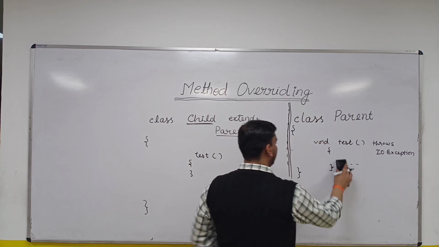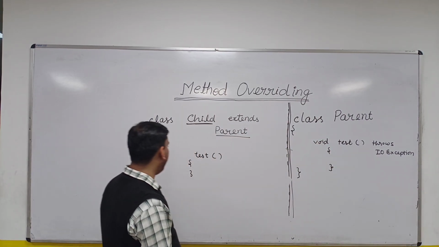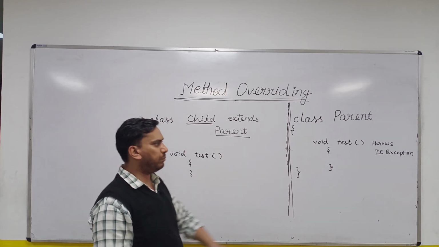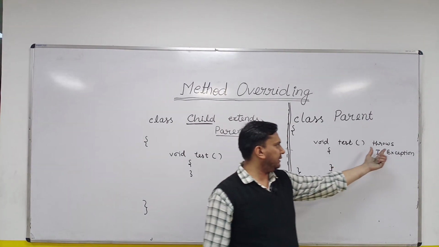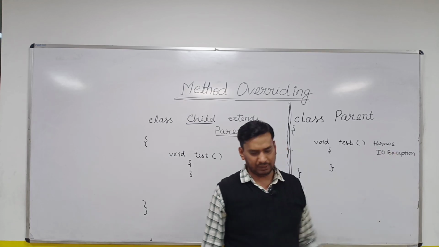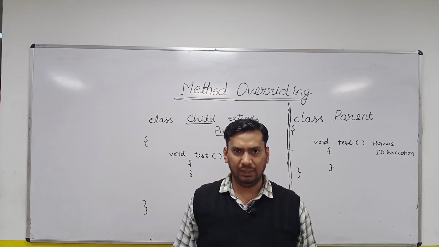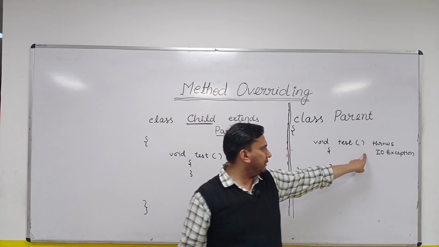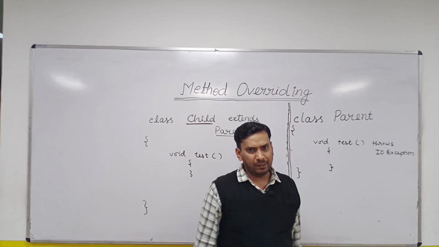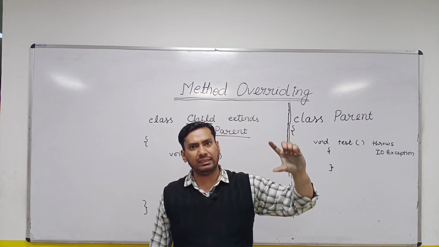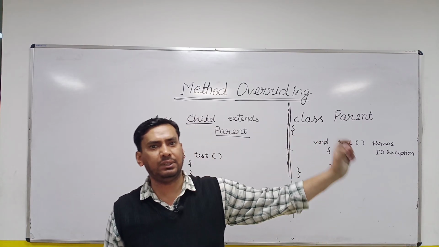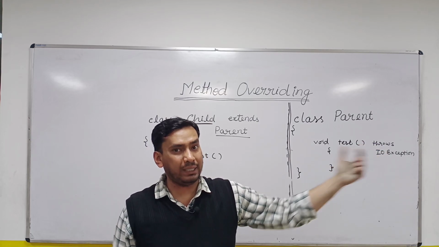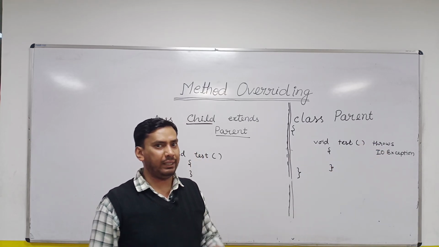Suppose in a parent class you have some method which is having some throws clause written over there. In exception handling you might be studying this thing, the throws clause. With the method header you will find the throws clause. If the parent class method is having some exception listed with the throws clause, what are the rules for overriding?